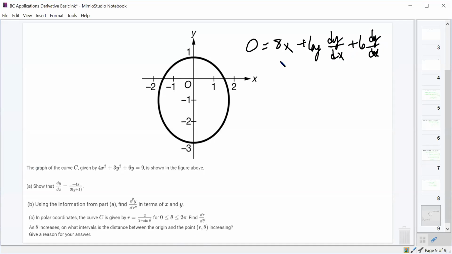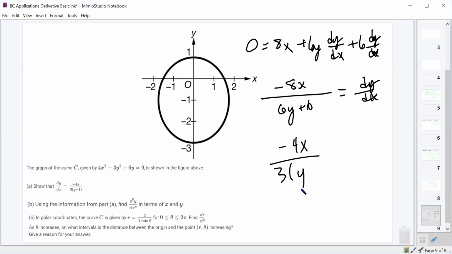And if we subtract over the 8x, we get negative 8x, divided by 6y plus 6. We can divide those both by 2 to get negative 4x, and we can factor out the 3. That part should have been pretty straightforward. Any issues with that?